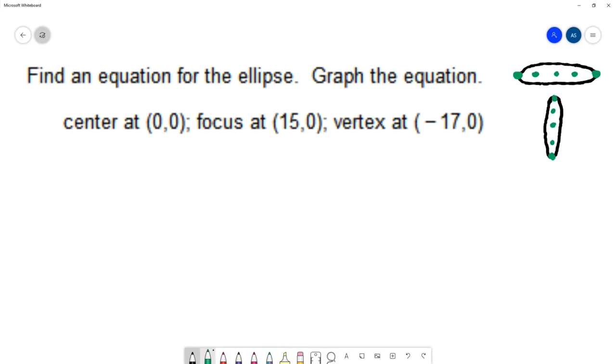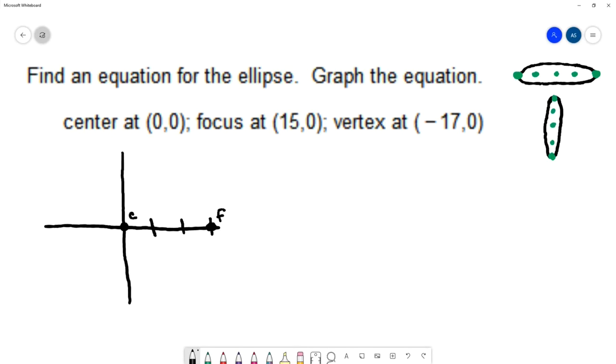So if I think about the given information, I like to put it on a graph. We have the center at 0, 0. We have 15, 0. So let's count by 5s. 5, 10, 15, 0 would be our vertex. Excuse me, that's the focus. I apologize. 15, 0 is the focus.